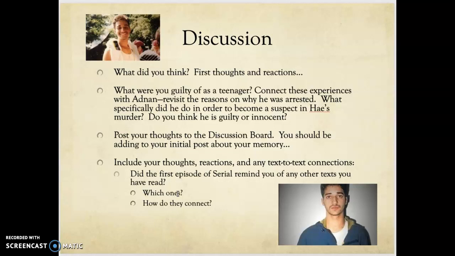Think about that. If you're a teenager right now, what are you guilty of? And if you aren't a teenager right now, what could you have been guilty of? Go ahead and read this very carefully and answer all parts in your reflection of Season 1, Episode 1 of Serial, The Alibi. And then come back.